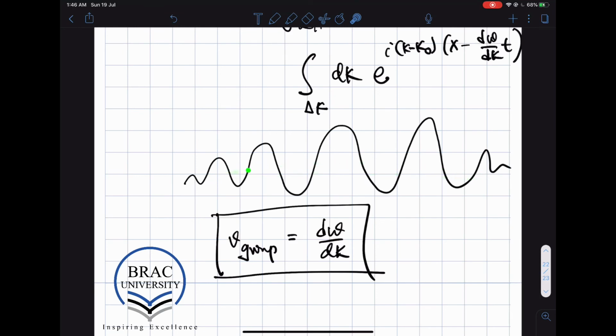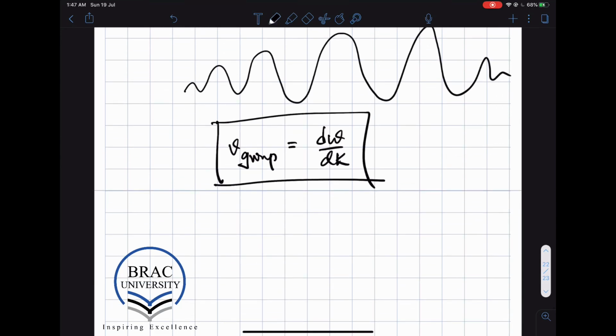Whereas inside this wave packet, the phase is stationary, and therefore they interfere constructively.